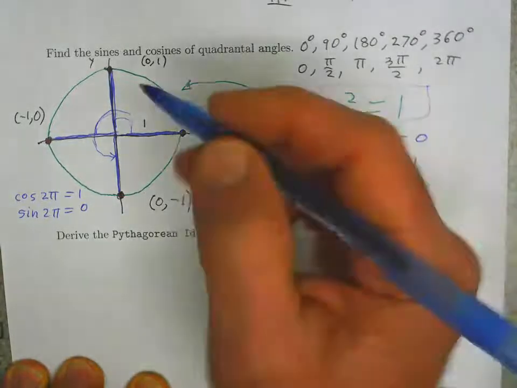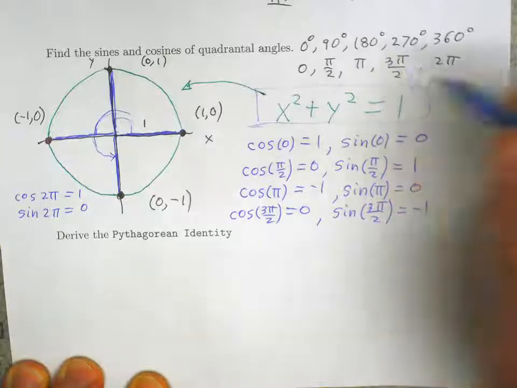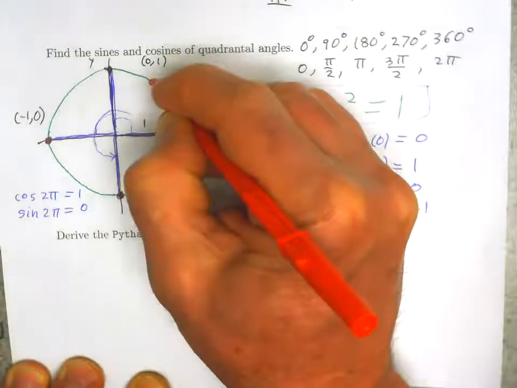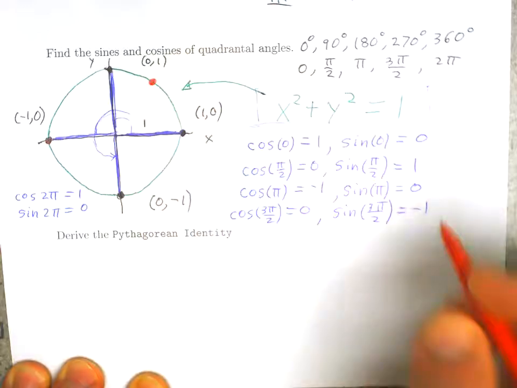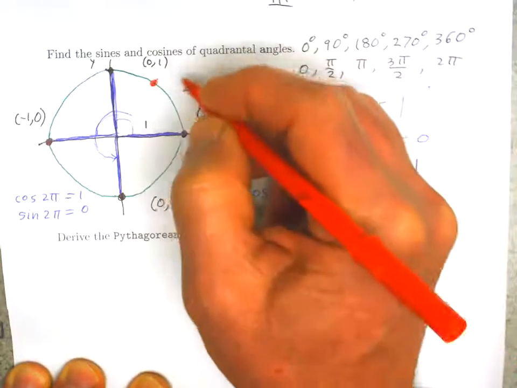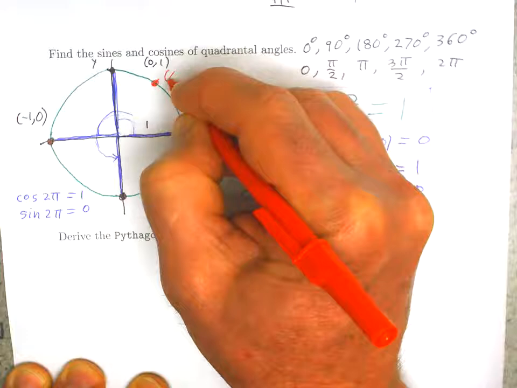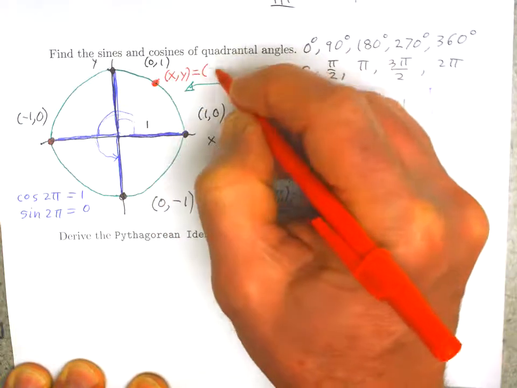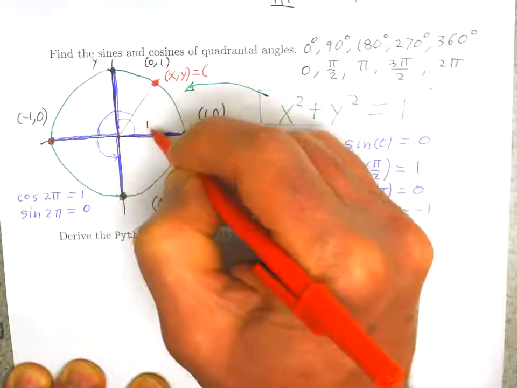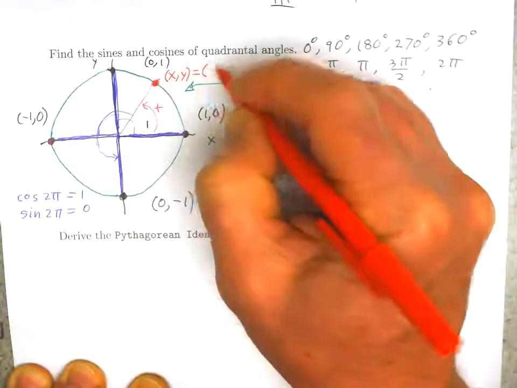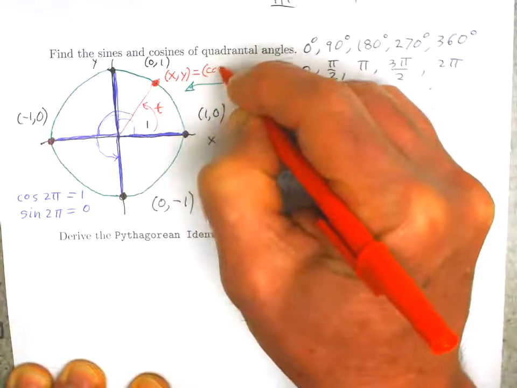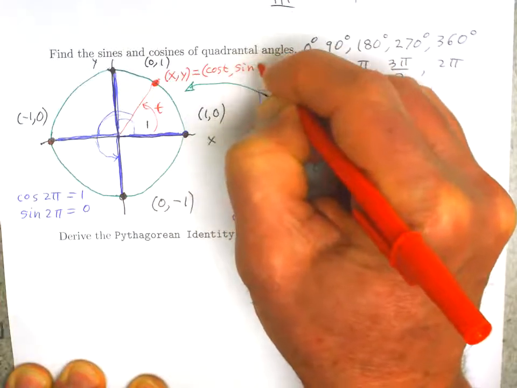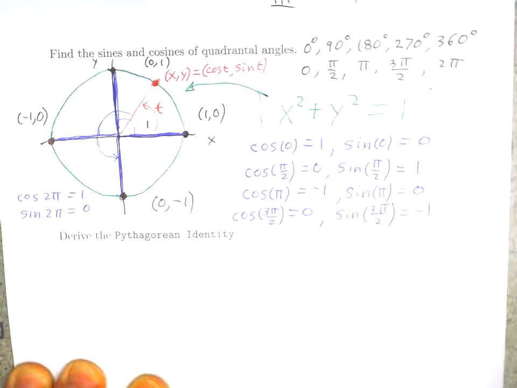If I pick any point on the unit circle as a representative, then we know that the x and y coordinates are cosine of t for x and sine of t for y.